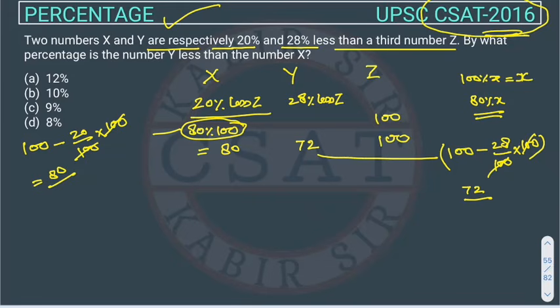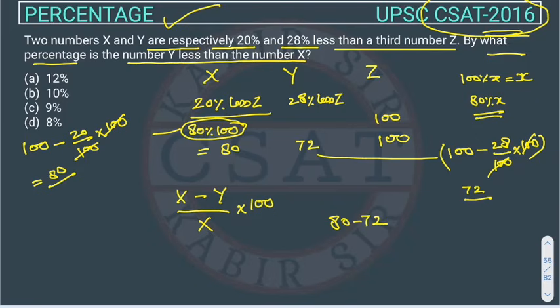Now the question is asking by what percentage the number Y is less than the number X. So we have to calculate Y is what percent less than X. X is 80, so 80 minus 72 upon 80 into 100, which is 8 upon 80 into 100 in percentage.